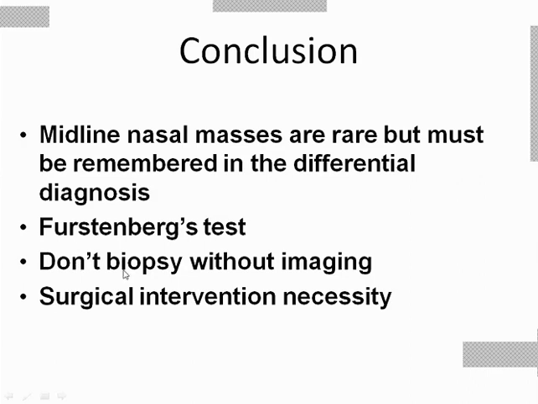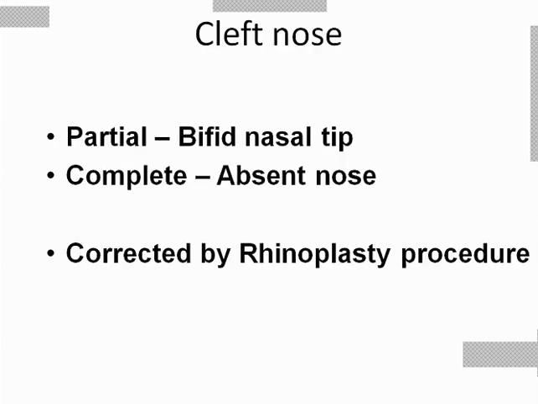The next abnormalities can be because of fusion defects. It can be a cleft nose. Apart from the midline swellings, there are the clefts in the nose. It can be a partial cleft, which we call a bifid nose. Some people will have a midline groove, like just two noses.